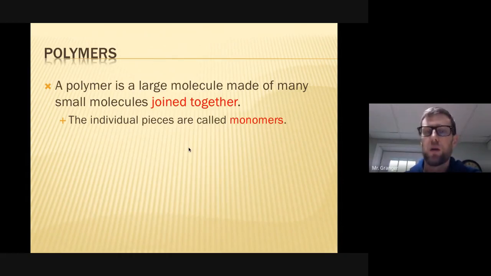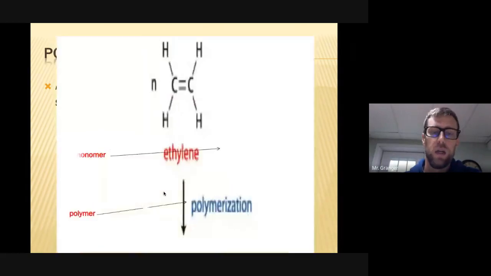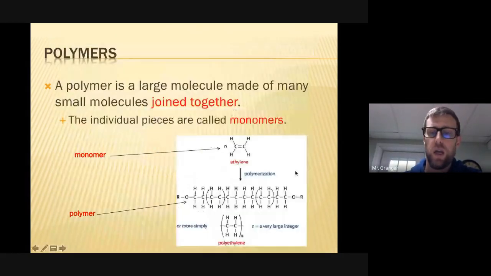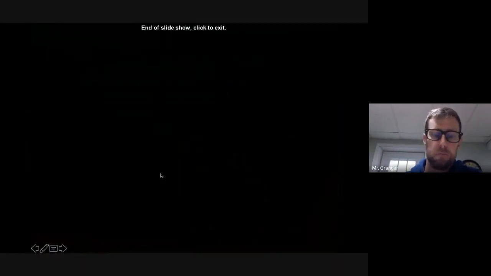So monomers are single units that get linked together to make these polymers, or multiple linked units together. So in one example, you might have ethylene, which gets linked together in a polymerization reaction to form this polymer called polyethylene, which is a very common plastic.